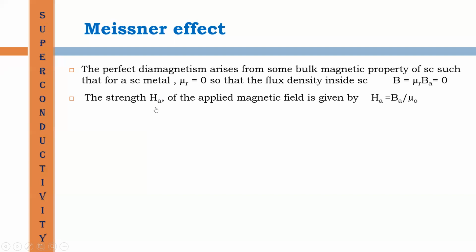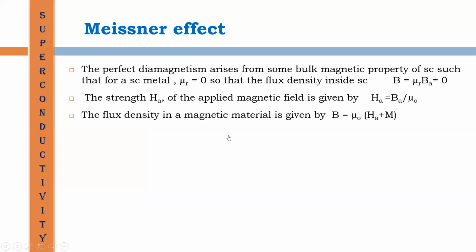The strength of the magnetizing field HA is given by HA is equal to BA divided by mu 0. This is the externally applied magnetic field strength, where mu 0 is the permeability of free space outside the superconducting material.